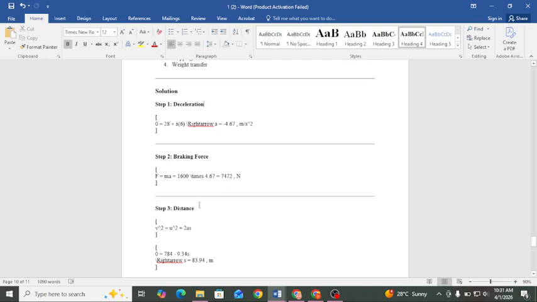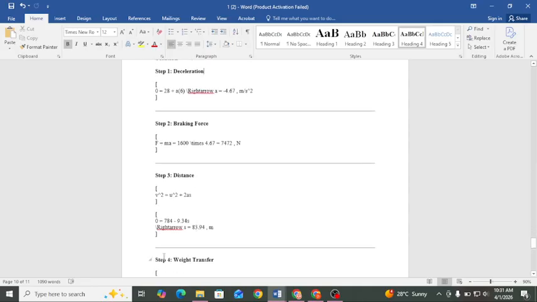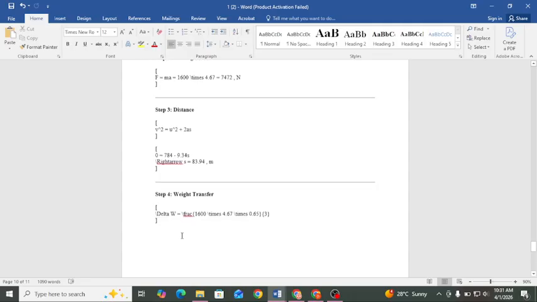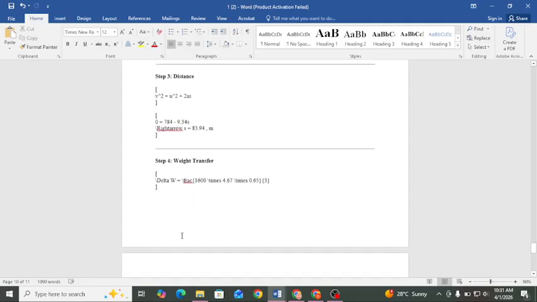The distance we can calculate with another velocity equation, v squared is equal to u squared plus 2as. So s is approximately 84, or 83.94.